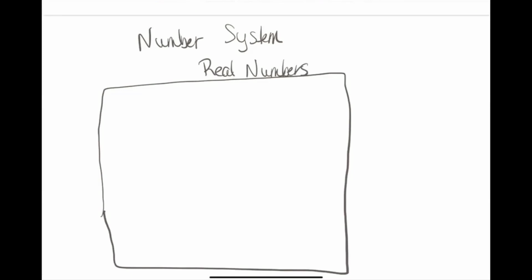There are technically two very big categories of numbers. There's real numbers and there's, starts with an I, imaginary numbers, right? If they're not real, they've got to be imaginary, right?